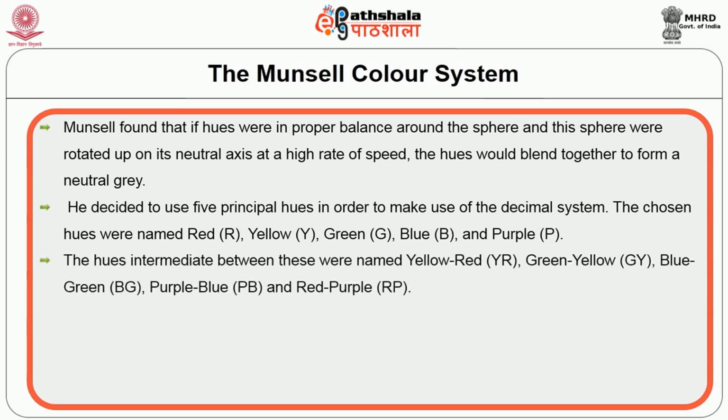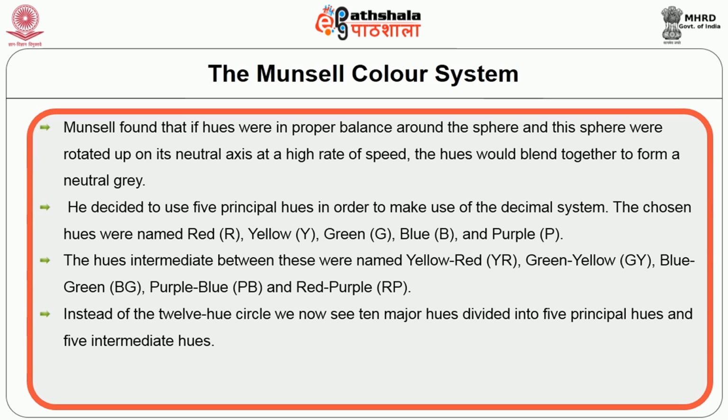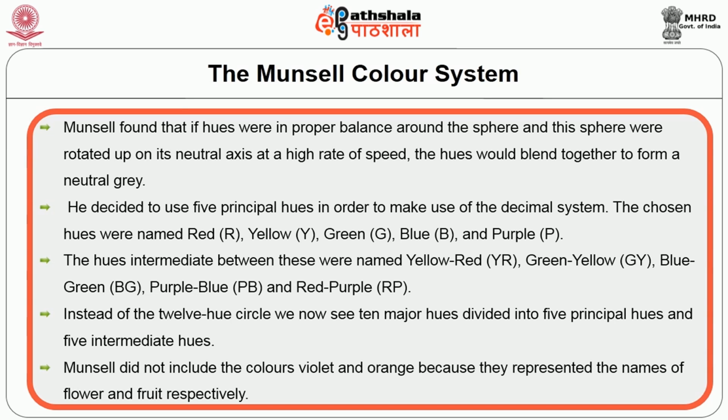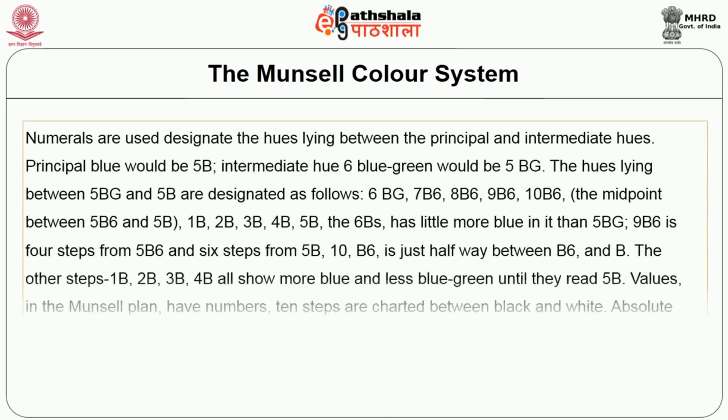The hues intermediate between these were named yellow-red, green-yellow, blue-green, purple-blue and red-purple. Instead of the 12 hue circle, we now see 10 major hues divided into 5 principal hues and 5 intermediate hues. Munsell did not include the colors violet and orange because they represent the name of flower and fruit respectively.